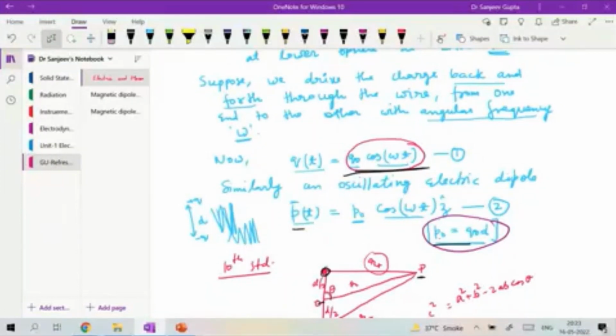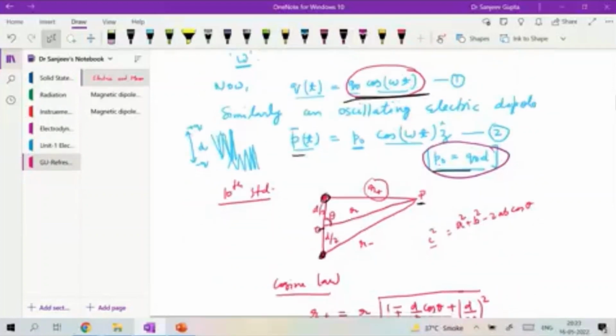For the oscillating electric dipole, a similar relation is p(t) equals p0 cos omega t, and because we are working along the z axis, the electric dipole is in the z direction.